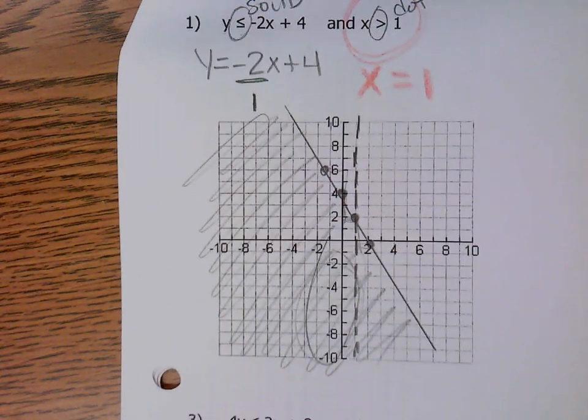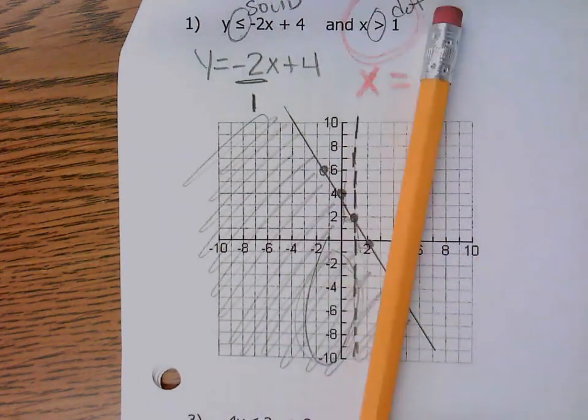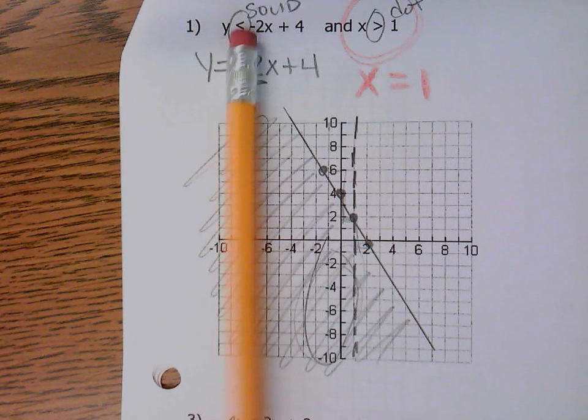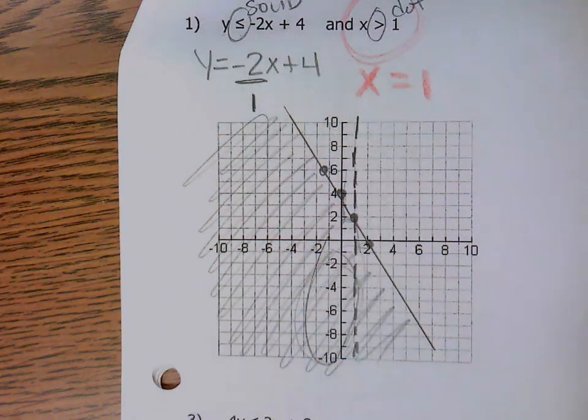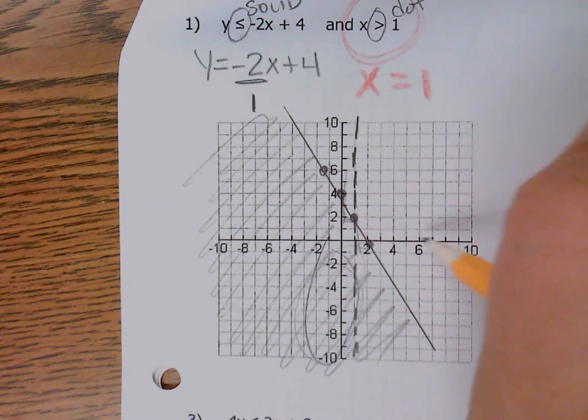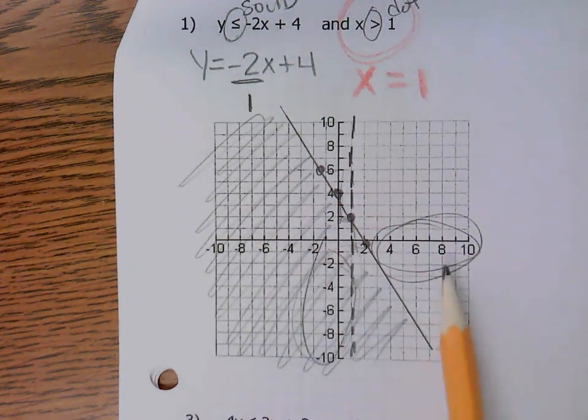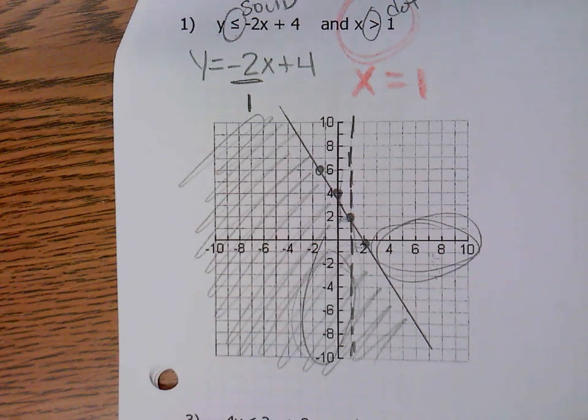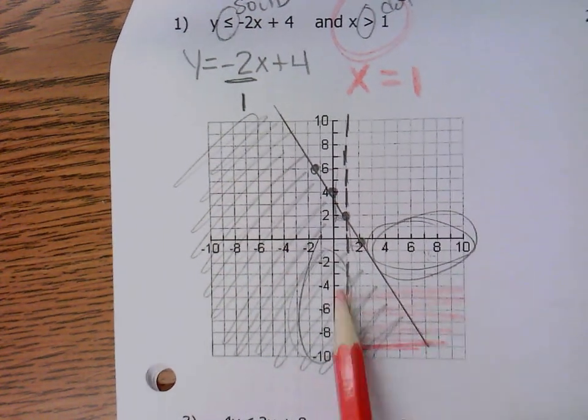And then I have to decide, am I going to shade to the left or to the right? And it says x is bigger than 1. Where are your x values bigger? Over here. So I'm going to shade to the right of the vertical line.